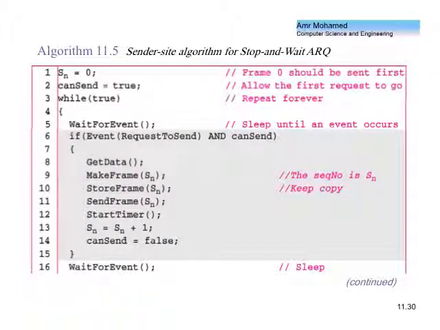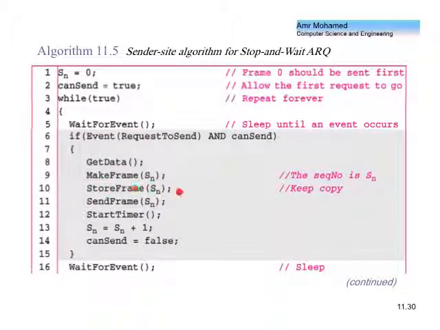So when I receive a request to send, again, I have to make sure that I can send, which means that I received an acknowledgement successfully. That's why I have to add the can send flag, which is initially set to true. Okay, so I get data, make frame, and then there is one extra step here: store the frame in a separate copy.